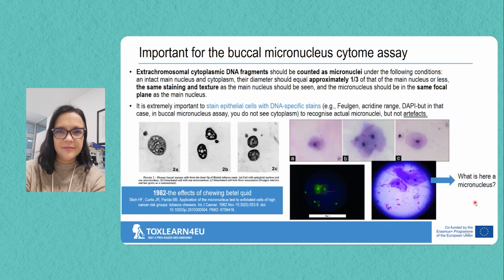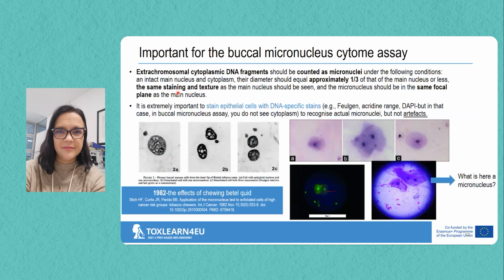So what is important for the buccal micronucleus cytome assay? There are some rules that are similar for the measurement of DNA damage, like for the lymphocyte micronucleus assay, and that is that if you are counting micronuclei, the size or diameter of the micronucleus should be maximum 1/3 of the main nucleus, down to the 1/16th part.